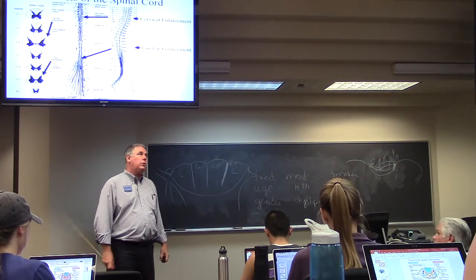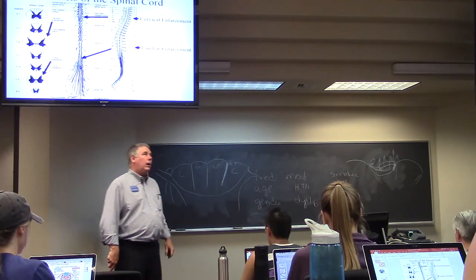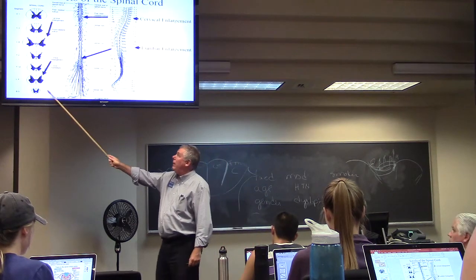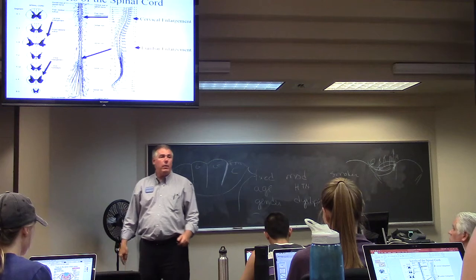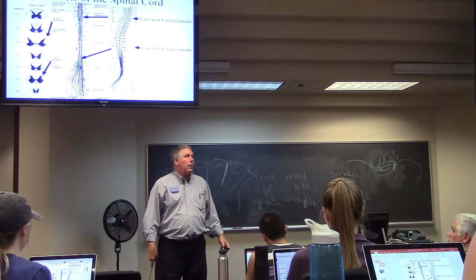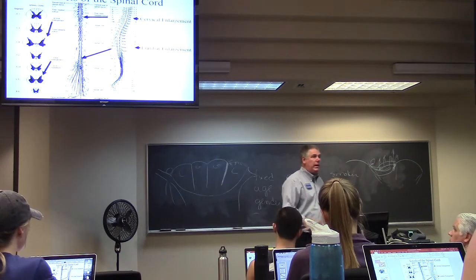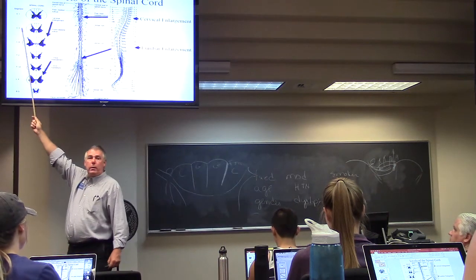Levels of the cord. Levels of the cord, we know the spinal cord in the adult stops at L2. So if we look at cross sections of the cord as you go down, they have much different appearances. The gray matter has a different appearance at different levels, and so does the white matter. The largest area of white matter you're going to see is in the upper cervical cord.